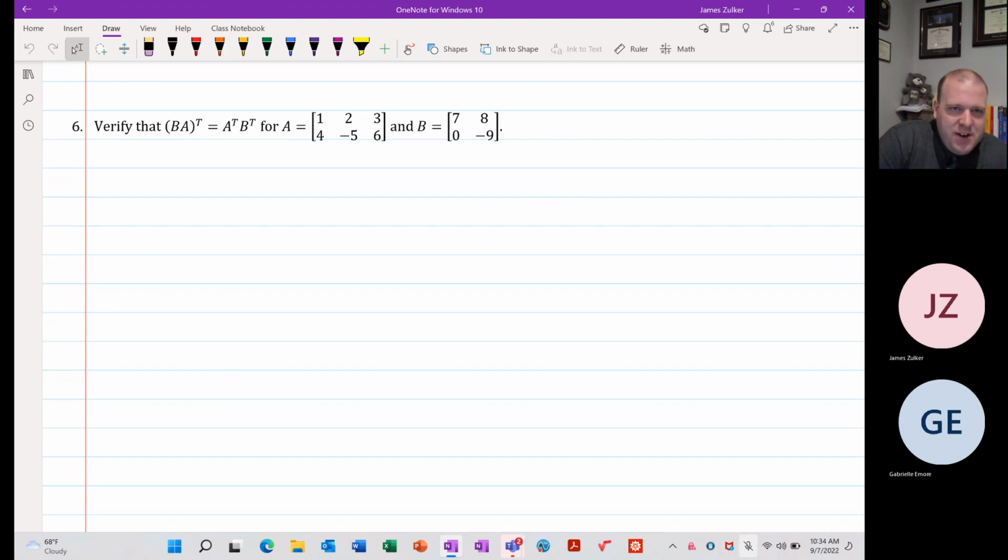So this property should have already been proven. I believe it was proven in the lecture video. What we're going to do is just actually now verify it for this specific example.